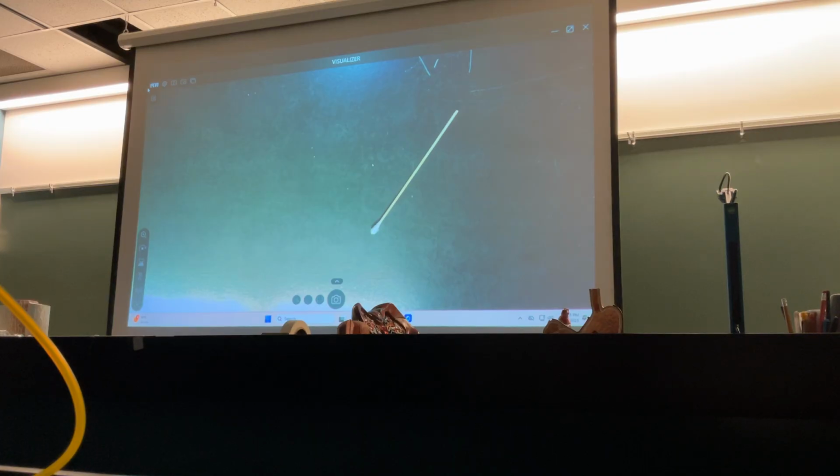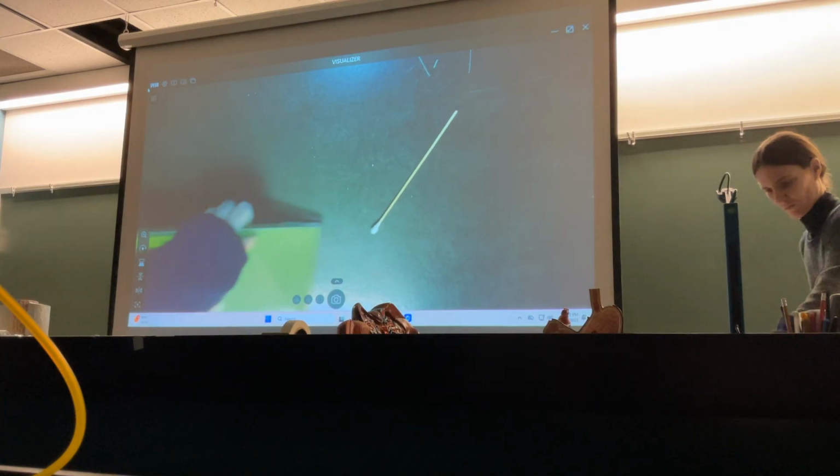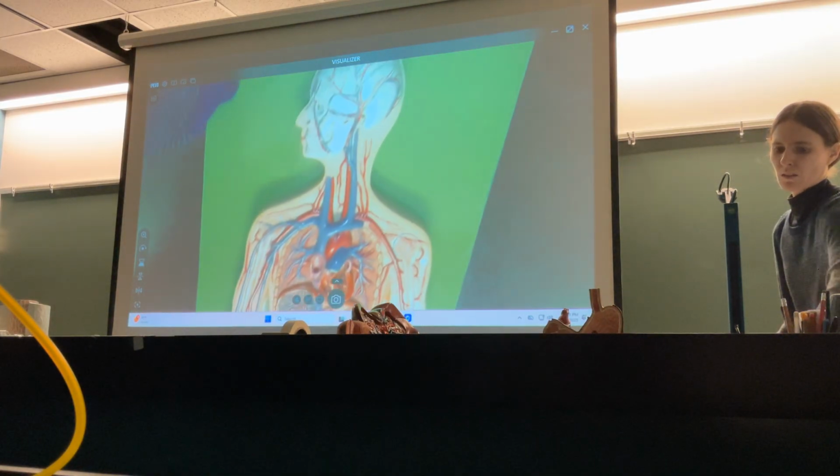Veins are fine, there's only like 10 veins we have to know, but arteries is too much. I'm going to memorize all of them just for there to be one question. I'm going to be so mad after the exam because it's going to be 10 times easier than I thought. That's what I heard. I'd rather be more prepared.